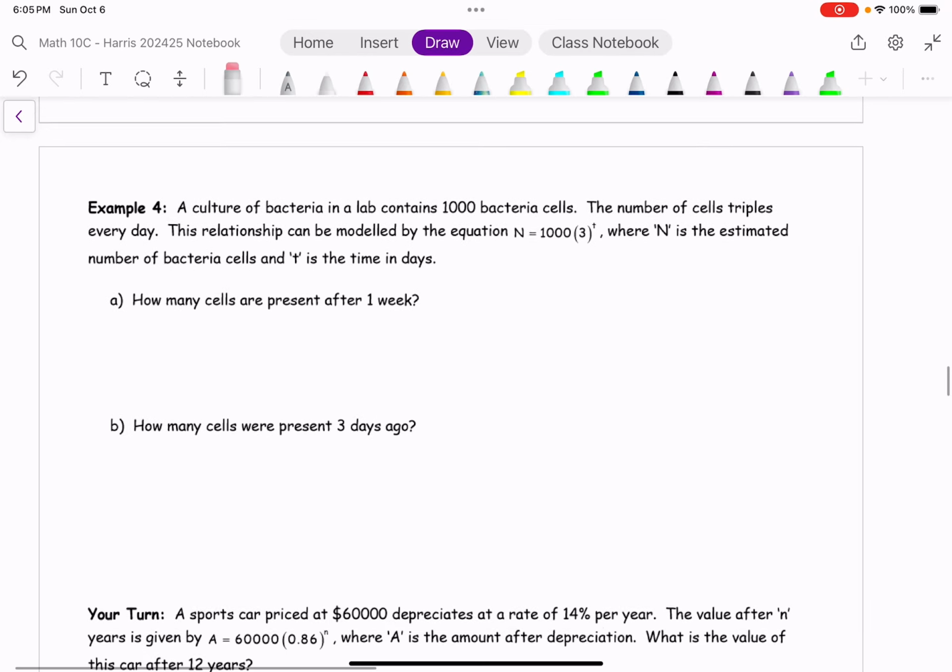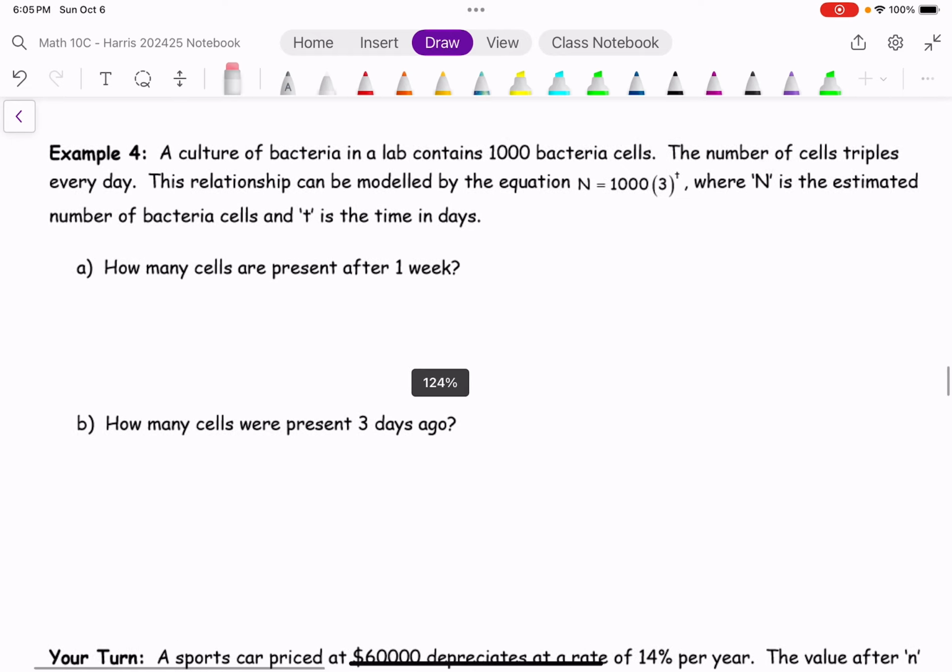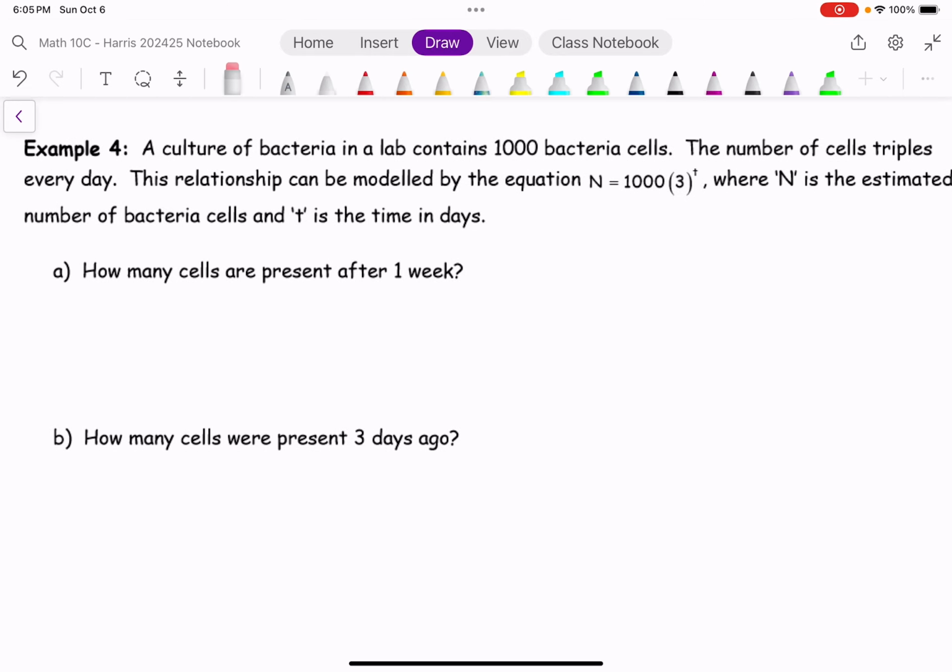Okay, and we're going to skip forward to example 4, just because this is a little bit different than what we were doing before. It says a culture of bacteria in a lab contains 1,000 bacteria cells. The number of those cells triples every day.